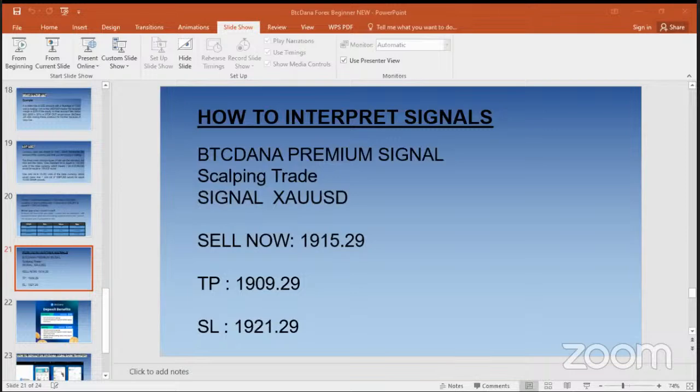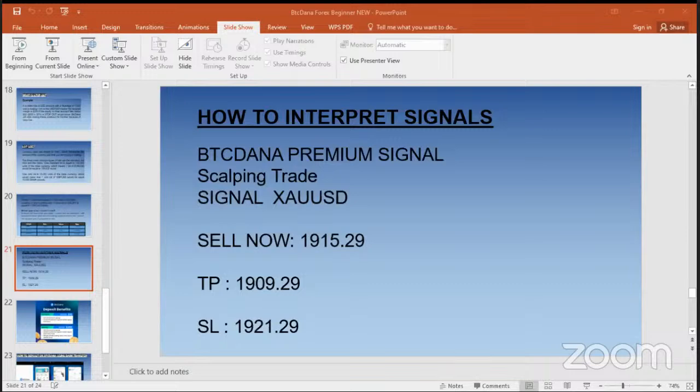Any trade that carries intraday as a heading means that trade is going to last for that day. It's not going to last to the next day. It could take a few hours, 1, 2, 3 hours, even up to 11 hours, as long as it's still within that day. That is the difference between the scalping trade and the intraday trading.